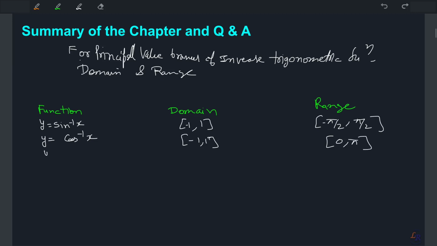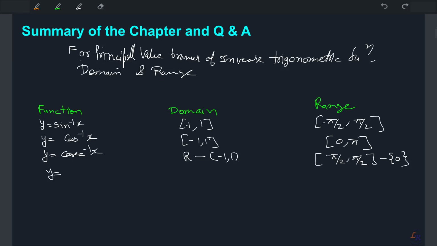If you take y is equal to cosec inverse x, then the domain is any real number except the numbers between -1 and 1, and the range would be minus pi by 2 to pi by 2 except 0, because at 0 it is not defined.